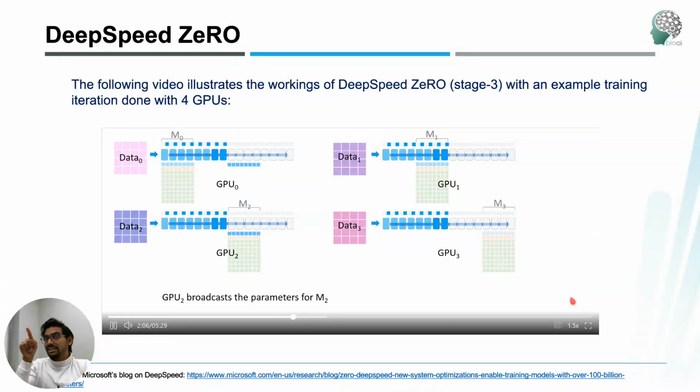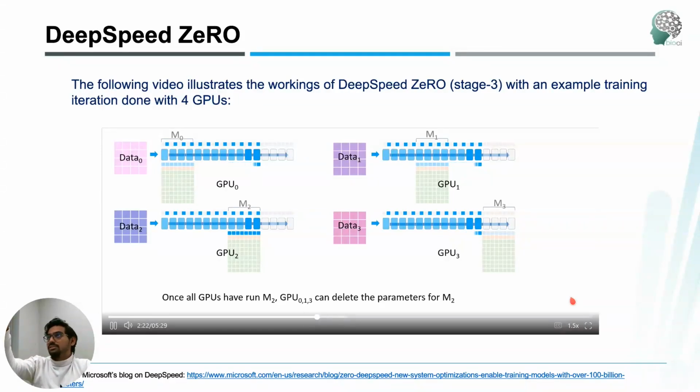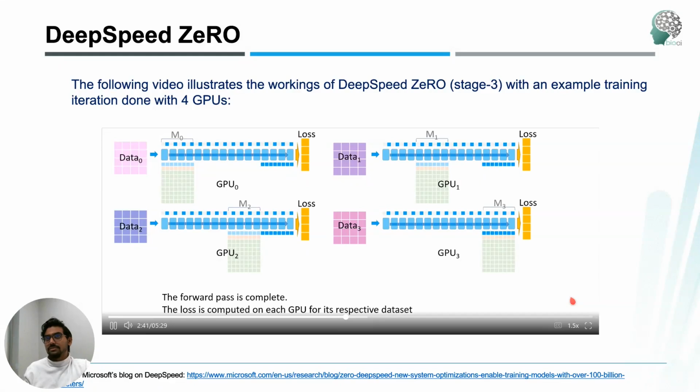And as you can see, once the weights are sent, the computation is done. They are also automatically erased because you no longer need those weights, so you'll see them disappear. So you can keep reusing that same buffer, and so you essentially need to consume only a constant amount of memory instead of having to store all the weights. So this is still saving a lot of memory.